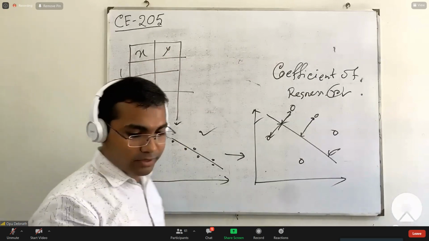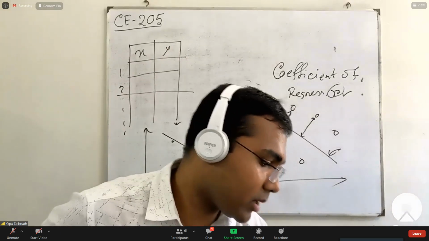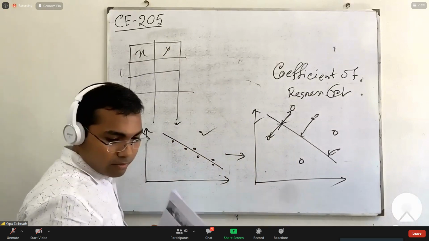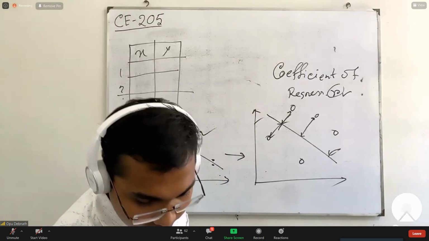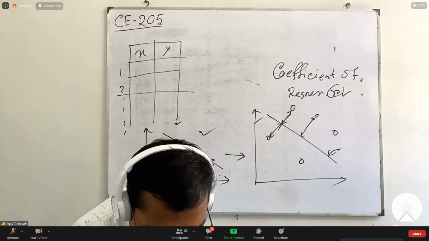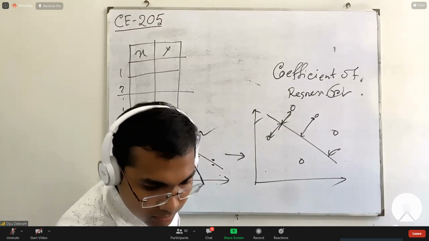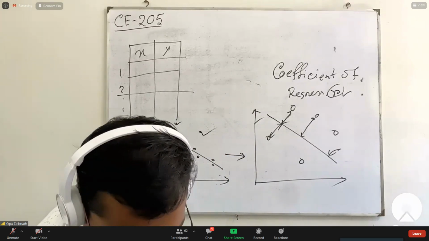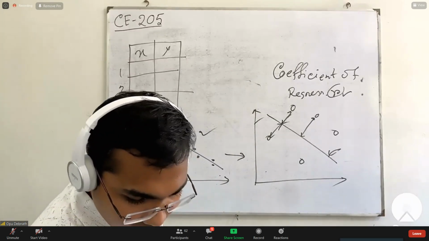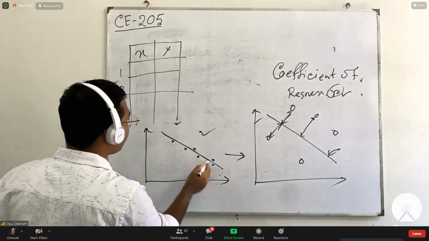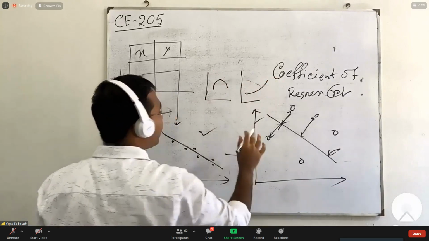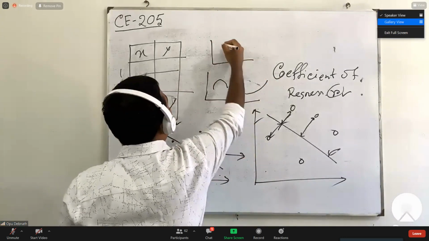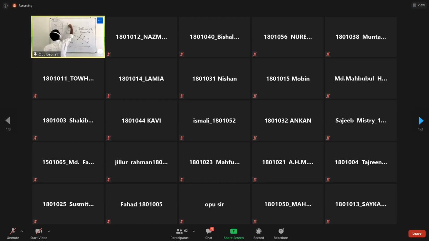Generally 5 to 6 sets of data are used, but if you use numerical tools, like simply Excel, it's much easier to set up a straight line or parabola or exponential, or polynomial, 2-degree polynomial, 3-degree polynomial, anything.